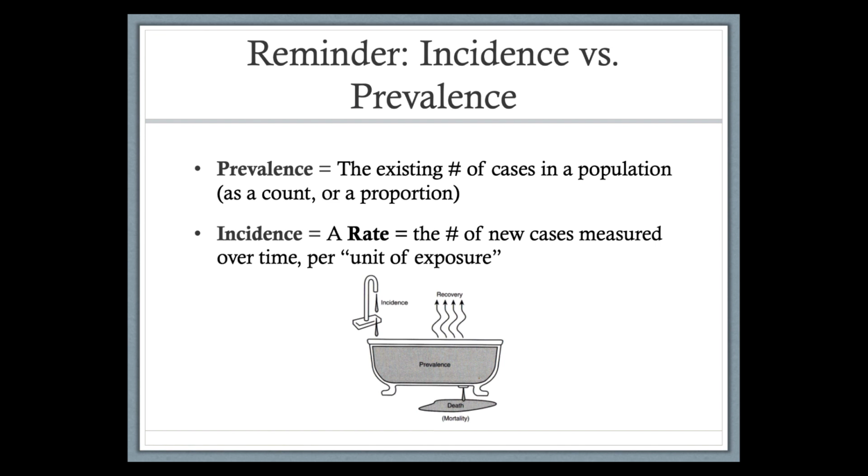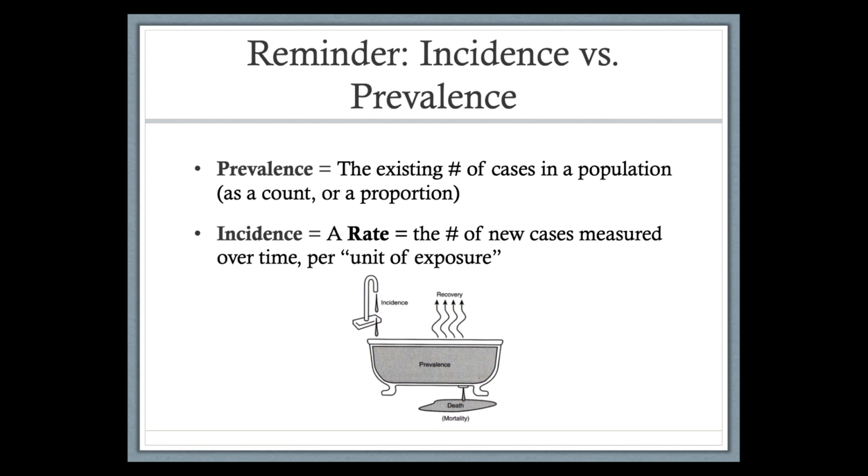Okay, the prevalence tells us how much water is in the tub at a given point in time. Just like the prevalence of a disease, what percentage of a population has a particular disease at a point in time. The incidence is the rate at which new water is being poured into the tub. Right? Again, the incidence rate for a disease is what's the rate at which new cases of the disease are developing, okay, or the rate at which people are getting the disease.